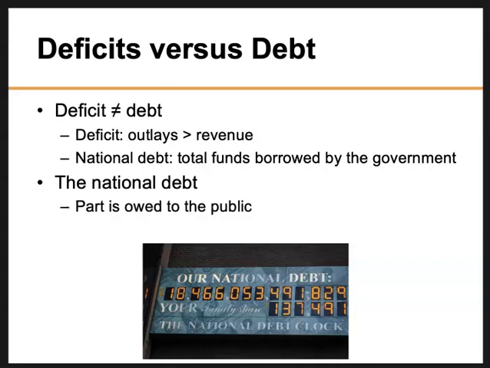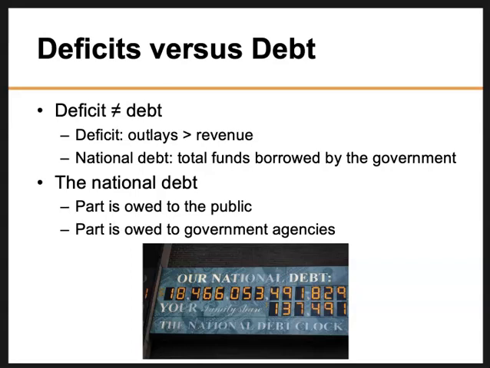So the national debt, right, part is owed to the public, meaning the public can own U.S. government debt through Treasury securities, and part is owed to the government agencies, right? Public and government agencies. So here's the thing. What happens if one government agency owes another government agency money?